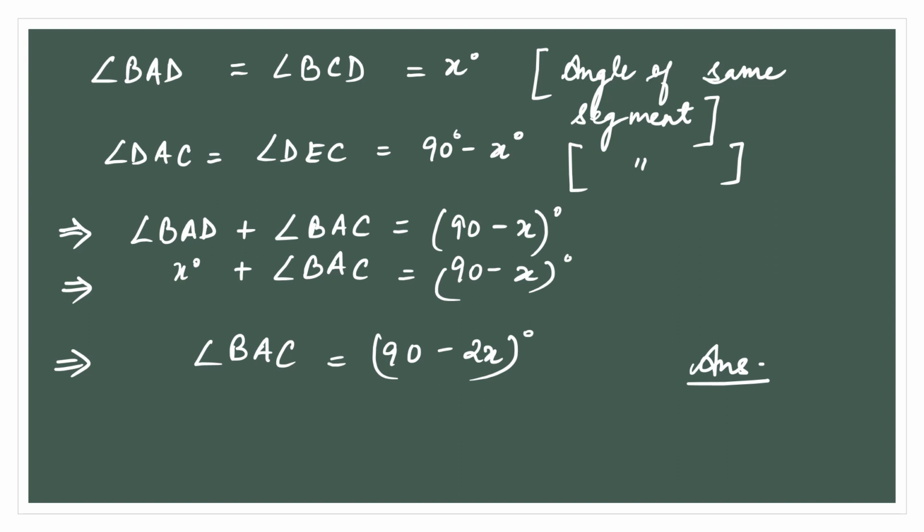Okay, it implies that angle BAD plus angle BAC is equal to 90 minus x degree. What is the value of BAD, children? Angle BAD is equal to x degree plus BAC is equal to 90 minus x degree. Therefore, angle BAC is equal to 90 minus 2x degree, and that is the answer.